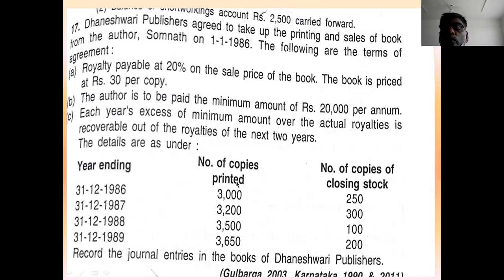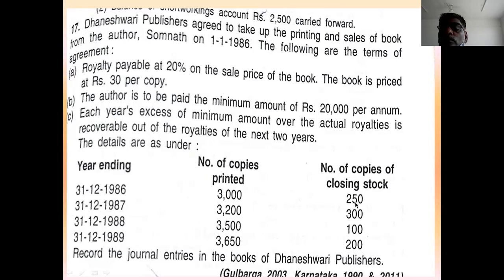Sale is equal to opening stock plus printed minus closing stock. Okay, you see here for the first year, there is no opening stock. Units produced, printed is 3,000. Publisher printed 3,000 books, and closing stock means at the end of the year 250 books are still in stock.